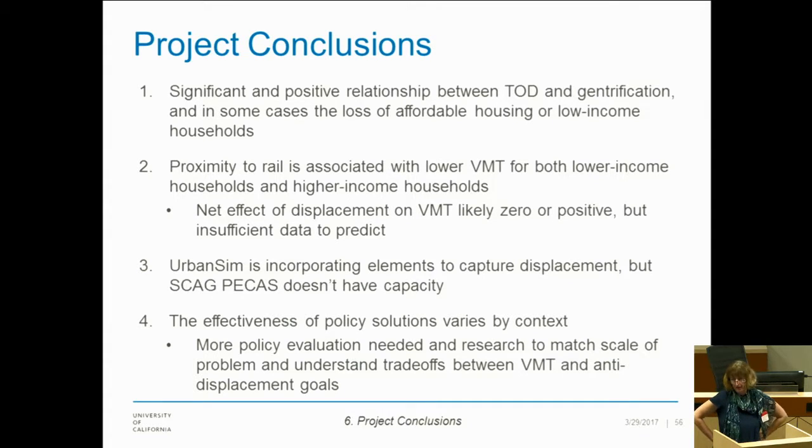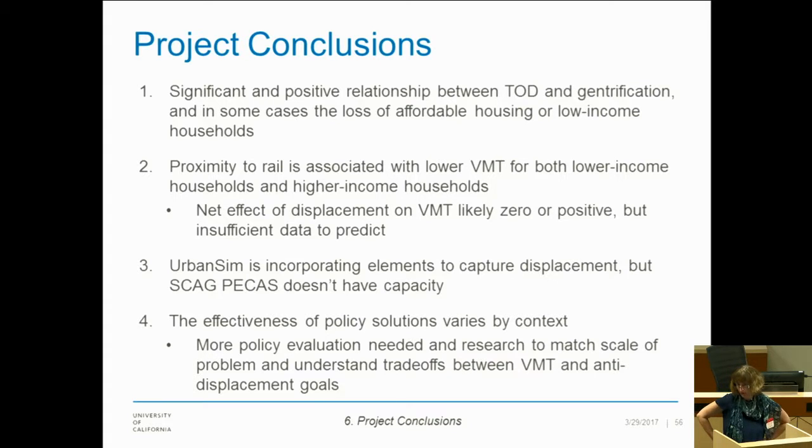In our analysis of the models, we found that UrbanSim is able to be modified. The SCAG-PICUS model is not able to be modified at this point to analyze displacement. And finally, in terms of understanding policy, we're at a very premature stage in diagnosing specific policies to fit different places, and we need much more research to understand what to do in different contexts.